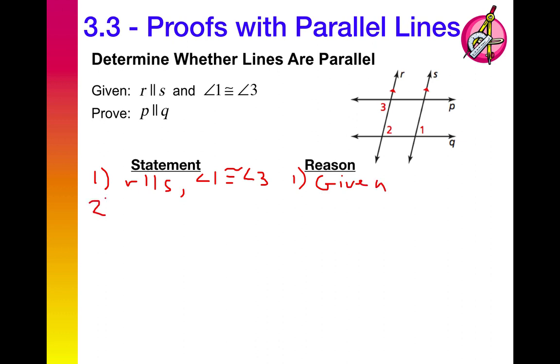The second thing that we know is that angle 1 is going to be congruent to angle 2. The reason is that we have parallel lines, and these are corresponding angles, so it's the corresponding angles theorem.